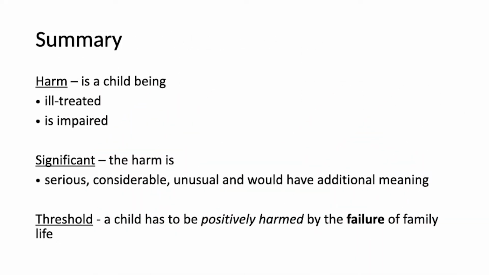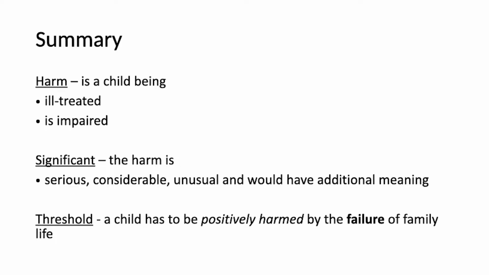When we bring all these together, harm is a child being ill-treated and impaired. And for this to be significant, it would also be severe or serious harm, it would be considerable, it would be unusual, and it would have additional meaning.